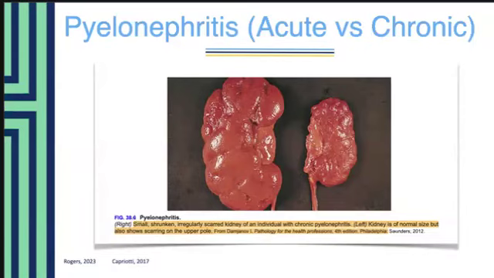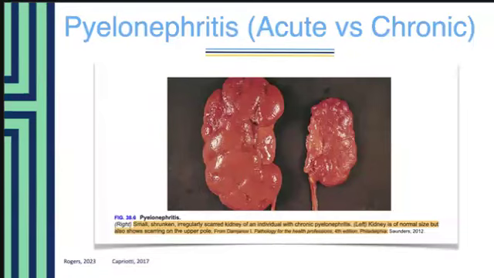Risk factors include urinary tract obstruction, vesicoureteral reflux, or allowing that urine backflow, recent instrumentation, meaning catheterization or cystoscopies, think of things like that, and impaired immunity. The leading mechanism is bacterial ascension along the ureters or lower urinary tract, most commonly from the bladder into the kidneys, causing an inflammatory response.